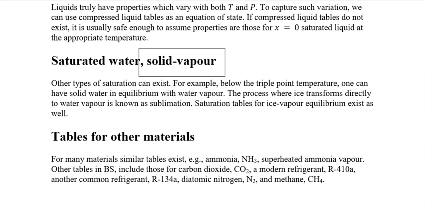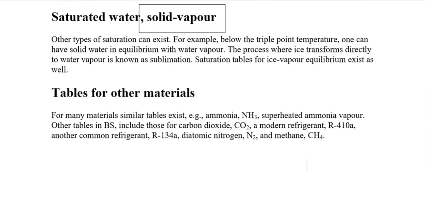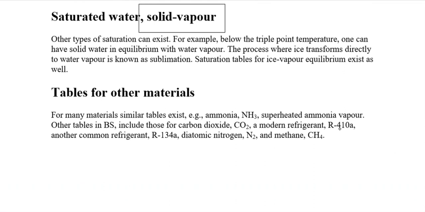In your next semester, you would be learning some metallurgy and material side. In material and metallurgy, you can actually talk about the solid vapor diagrams and the tables for solid and vapor. In our courses we can talk about different substances as well, for example R410A or R134a, carbon dioxide tables, ammonia tables.